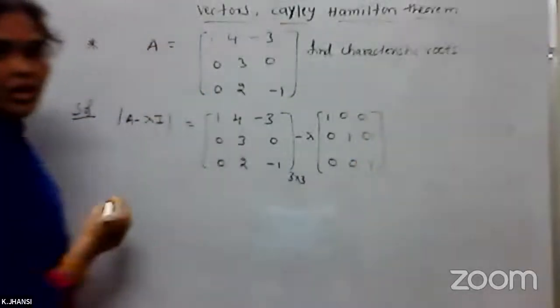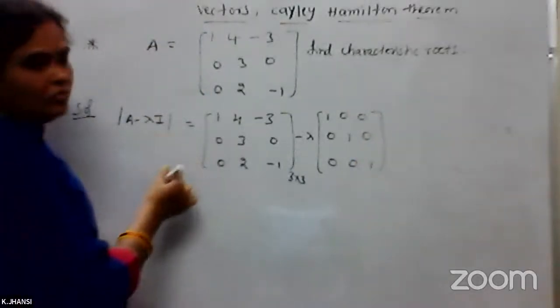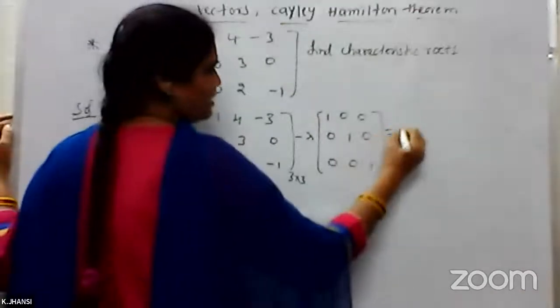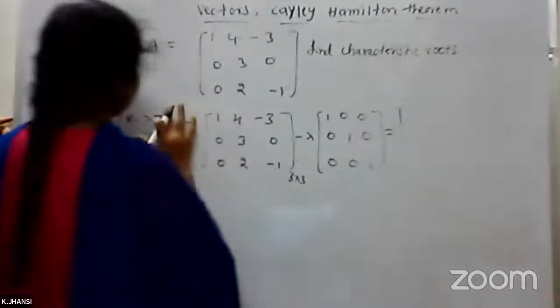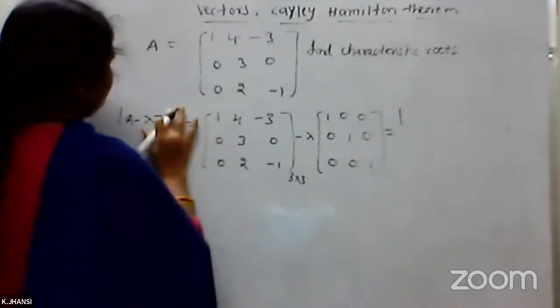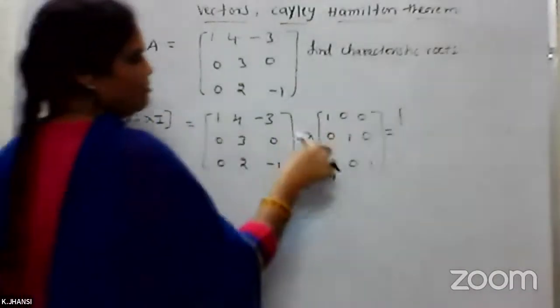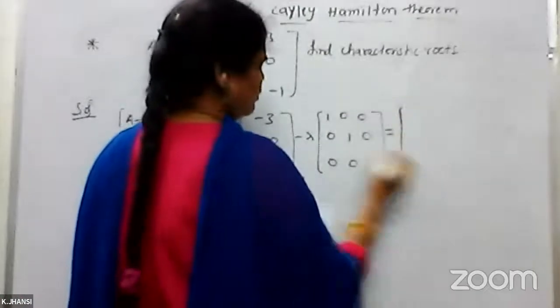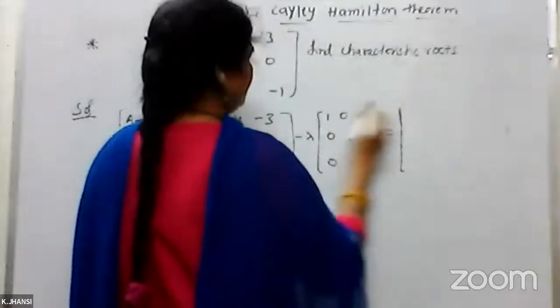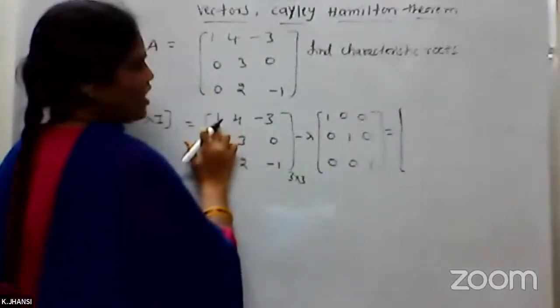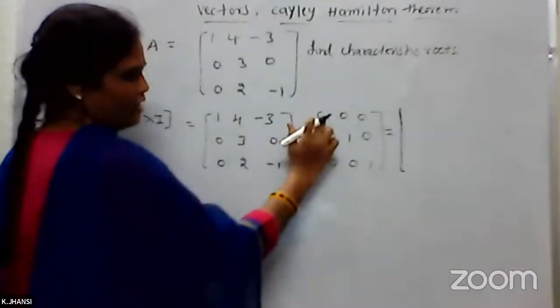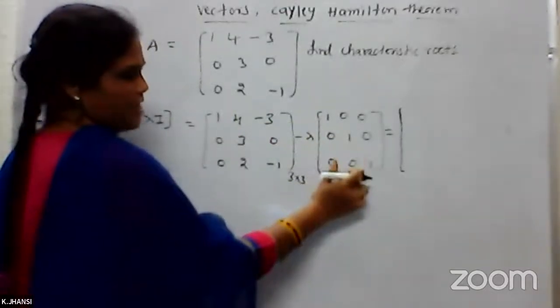Like this. Okay, the direct procedure we can also do, or else you can write like this. When you write it out, this will be 1 minus lambda. Here you will get minus lambda, minus lambda, minus lambda.